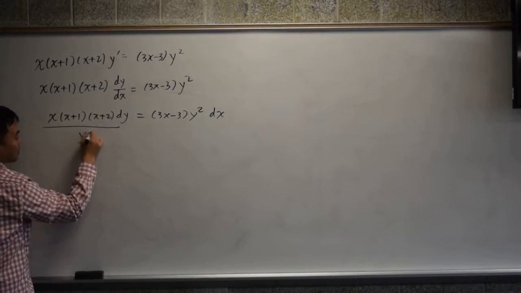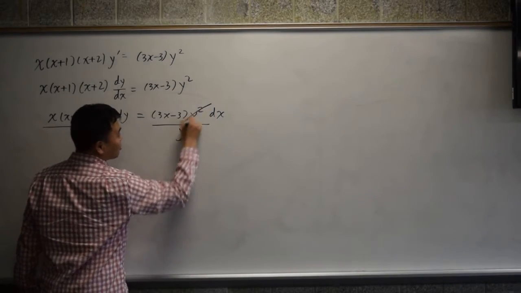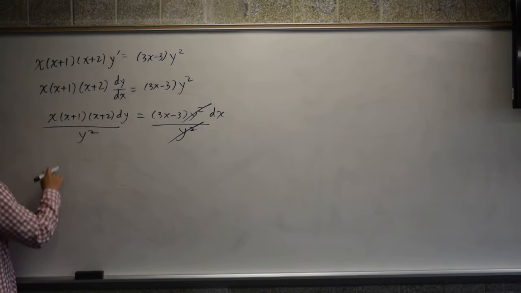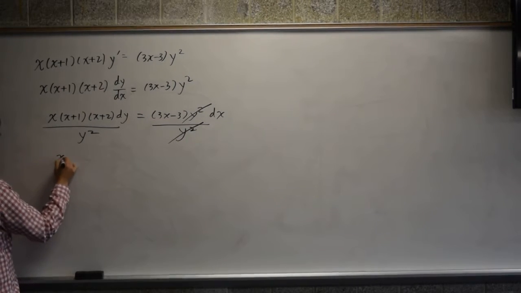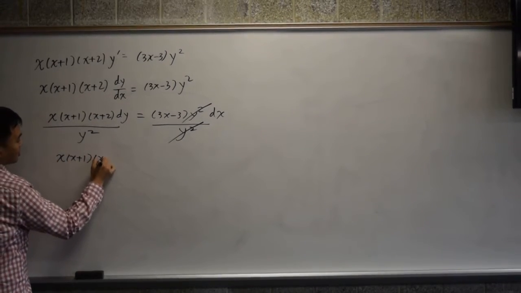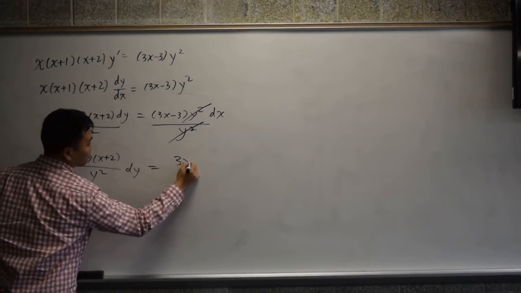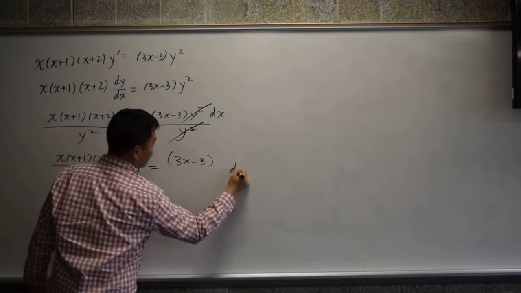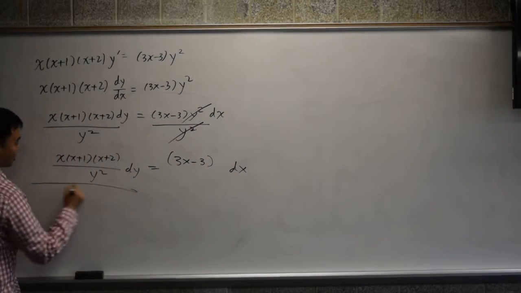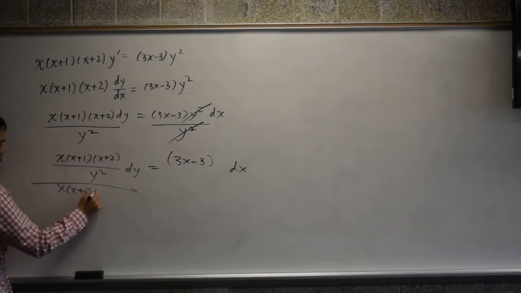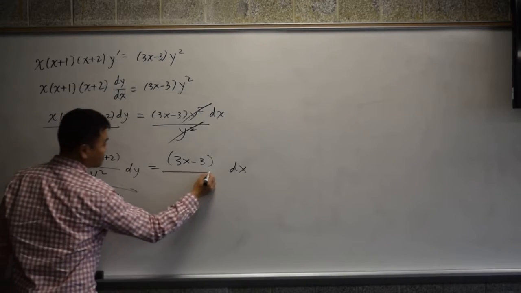I should divide first by y squared to get rid of this y squared I don't want. And then once I have x times (x plus 1)(x plus 2) over y squared dy equals 3x minus 3 dx, I should divide both sides by x times (x plus 1)(x plus 2).